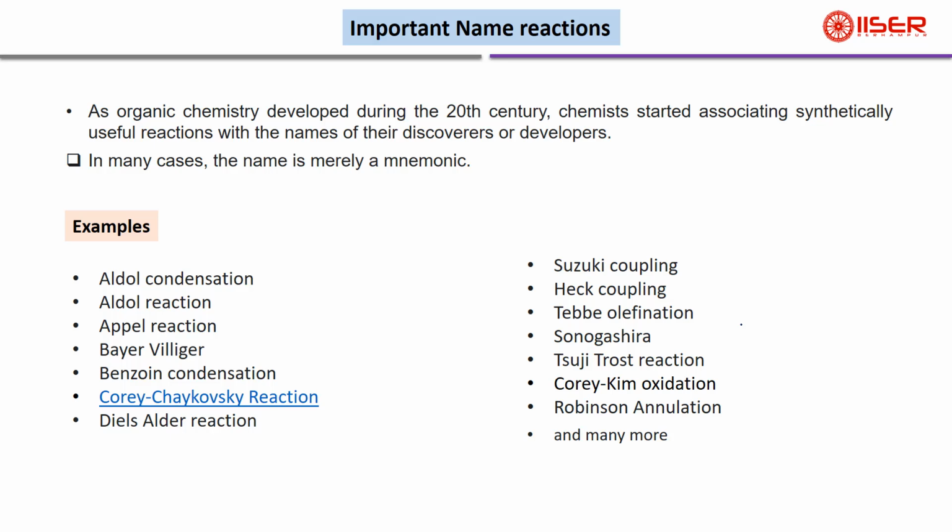So next we will discuss some important name reactions. In your assignments you have got this type of name reactions again and again. So if you know these name reactions, it will be easier for you to attempt those assignments, as well as to get an idea how to predict a retrosynthesis of a compound.